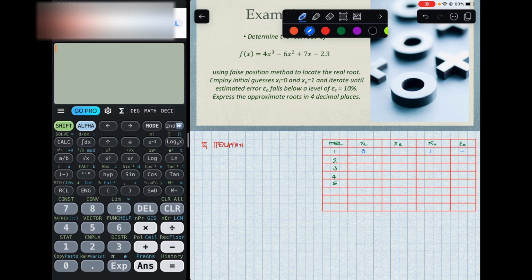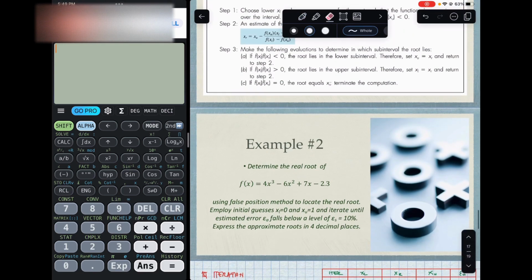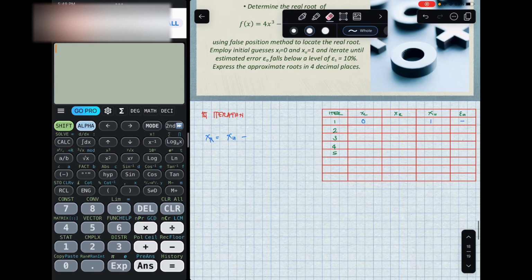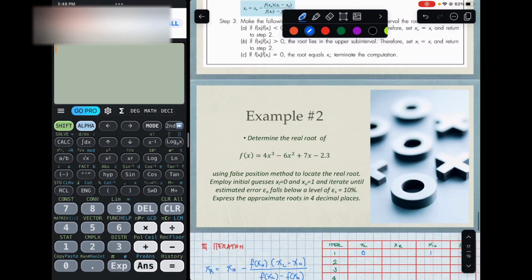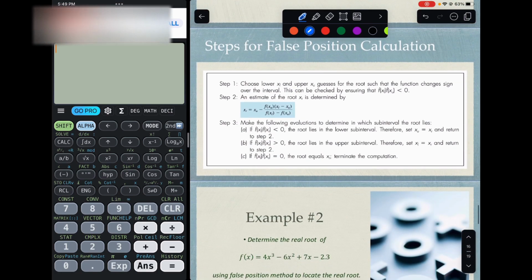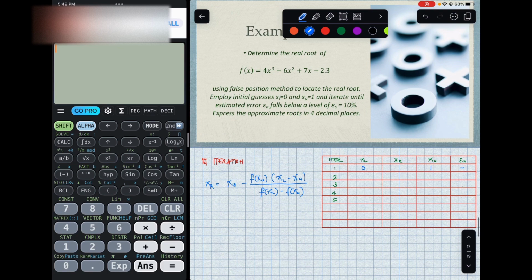The formula that we will be using is x sub r is equal to x sub u minus f of x sub u multiplied with x sub l minus x sub u, all over f of x sub l minus f of x sub u. That is how we find our x sub r.